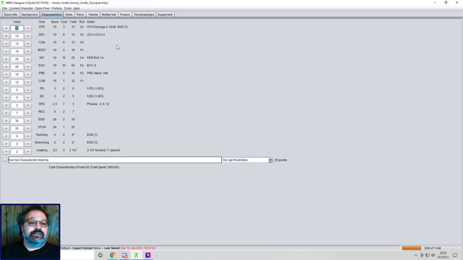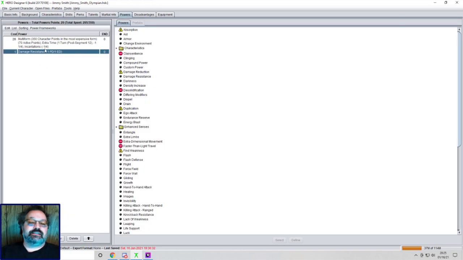Normally you have 2 different types of PD and ED. One is normal defense, one is resistant defense. And so what damage resistance does is it takes 1 point of your normal ED and PD, and turns them into resistant defense. The difference being is just as there are 2 types of hit points in Champions in Hero System, there are 2 types of attacks.